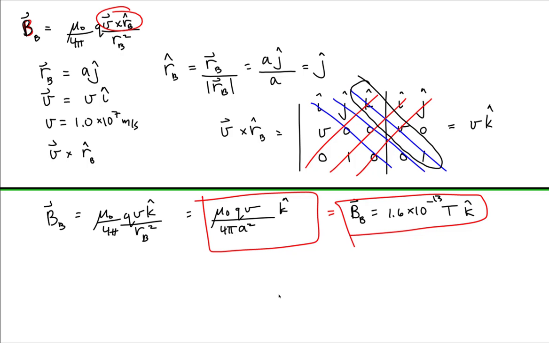But if you're given a set of quantities that are in the planes, like the velocity here was in the xy plane, the relative position of all of the points were in the xy plane, because of that, it is very easy to use the right-hand rule to determine the magnetic field.